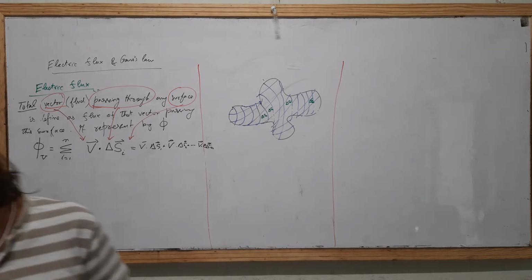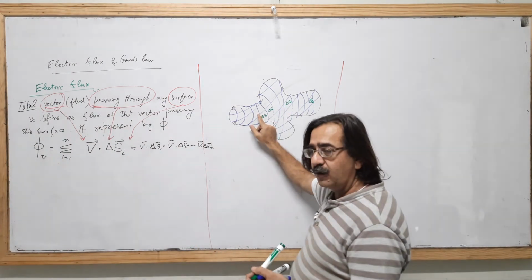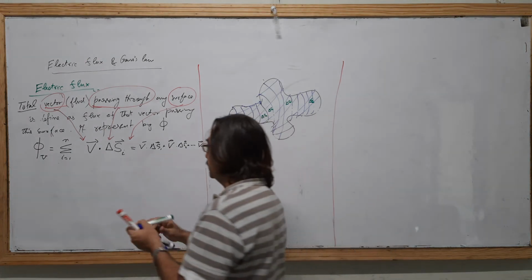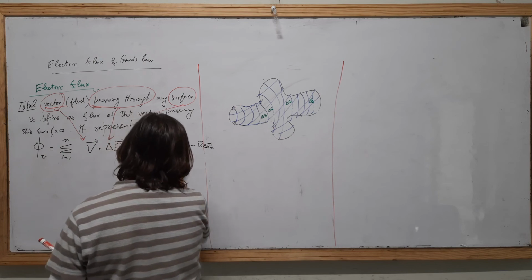This is the discrete form, because all patches are not the same and not a parallelogram, as I have already explained. So this is the expression for the discrete case.